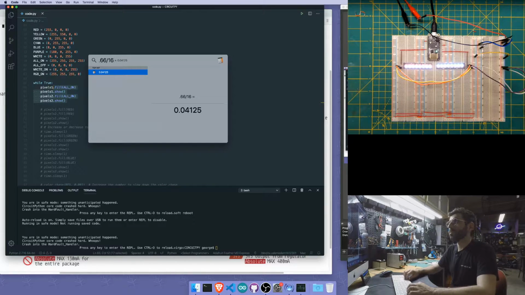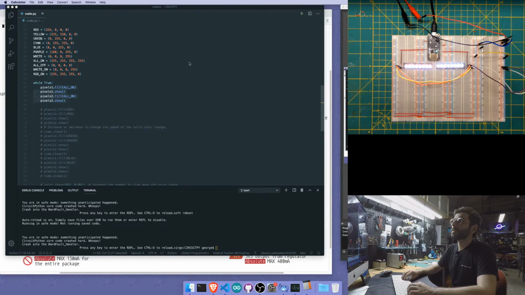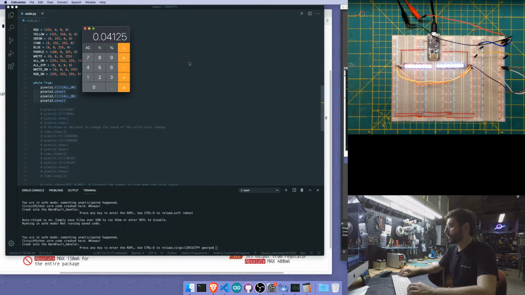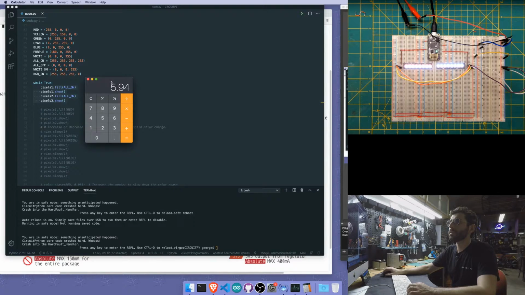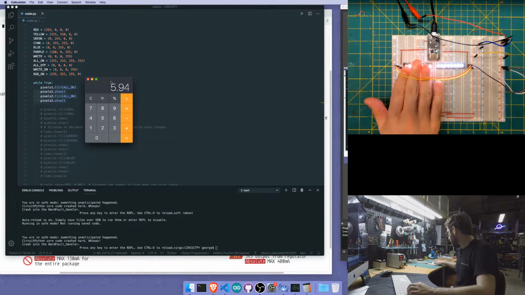So like 0.04 per LED, and then a ring would be, I don't know, let's just say one strand, 144. So it's like 6 amps. I mean, I don't know. I guess this is constant on 6 amps.